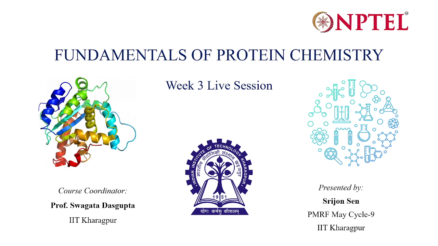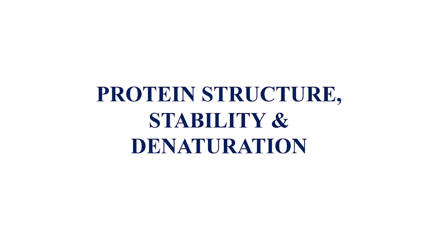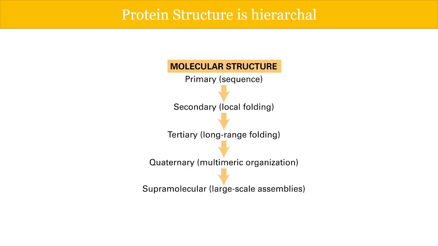So in today's class, we will discuss the protein structure, the stability, what happens when the protein denatures, and the terminologies related to protein renaturation, protein folding, and the stability of proteins.